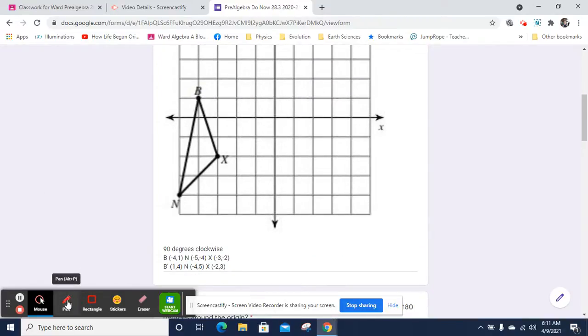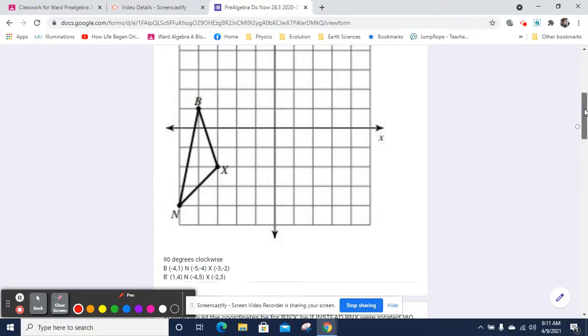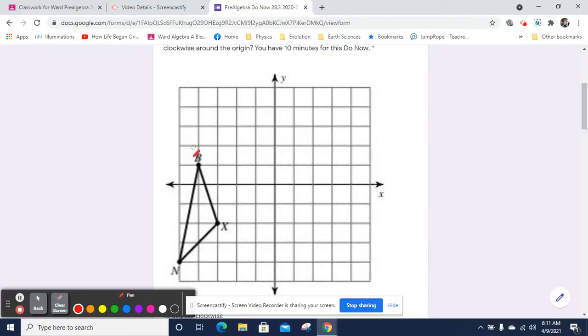And I'll plot 1, 4. Okay, so b prime becomes 1, 4. N prime will end up being up here at -4, 5. So that'll be n prime.